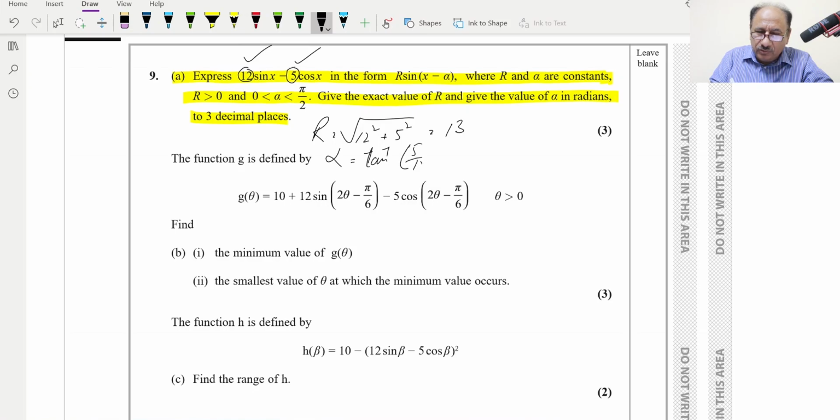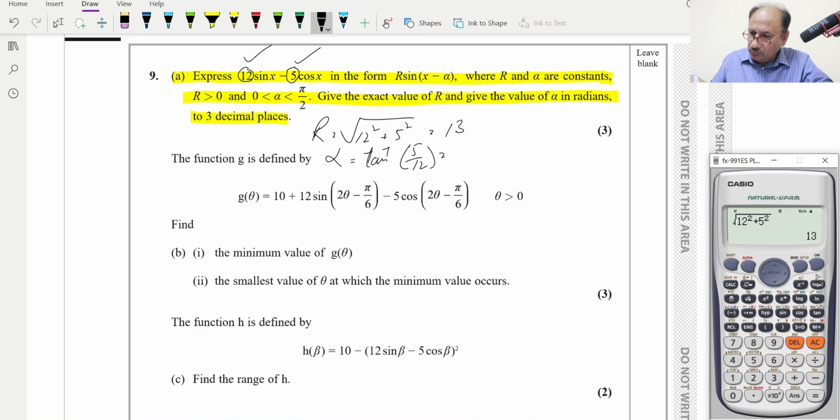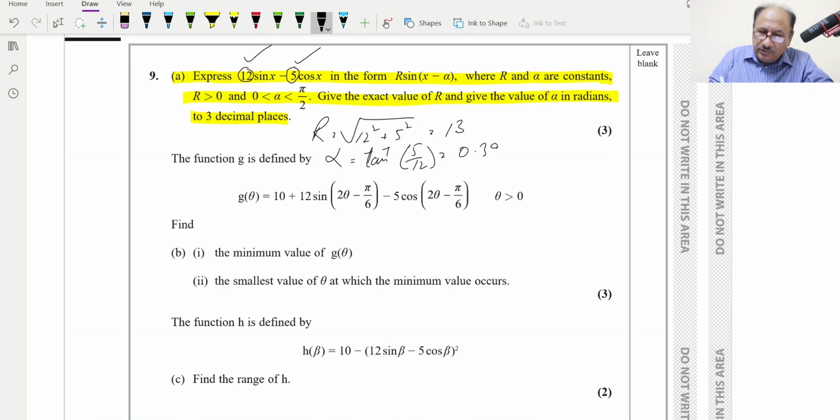Using shift mode, radian mode which is 4, shift tan of 5 over 12 is equal to 0.3947, so 0.395. This will be our answer for this part.